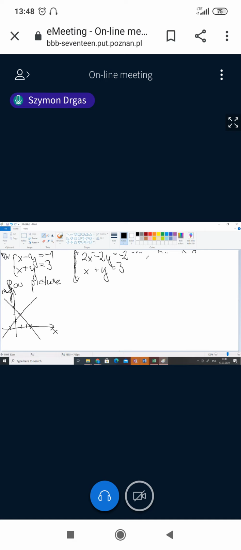So we can write the system of equations using the notation with column vectors. In this case, we have these coefficients. Now we have 2 and 1 multiplied by x.